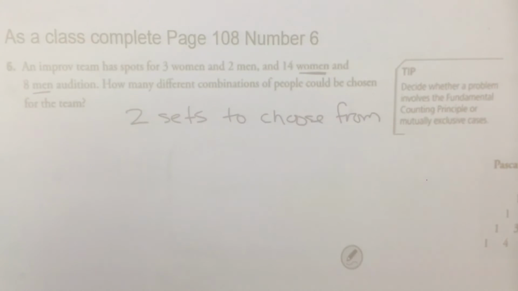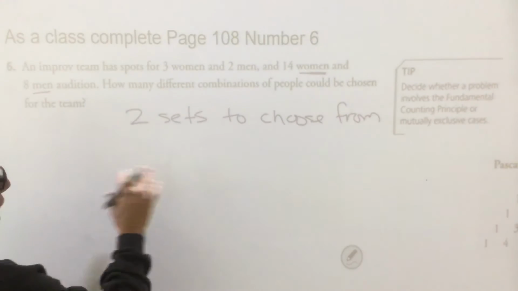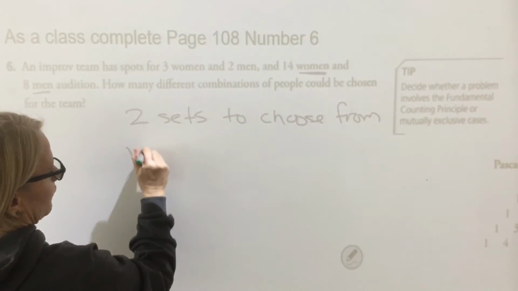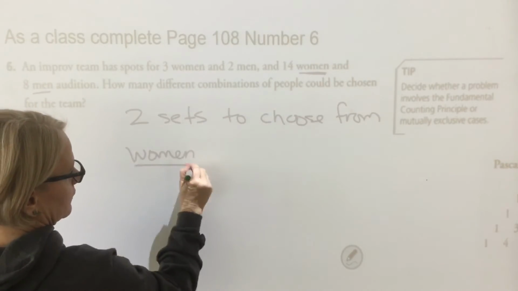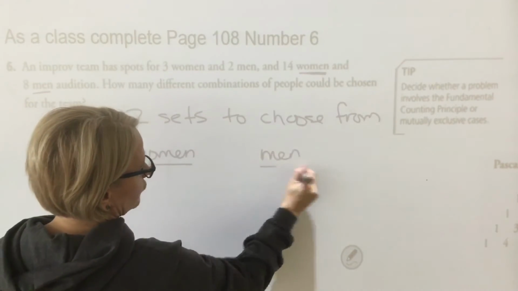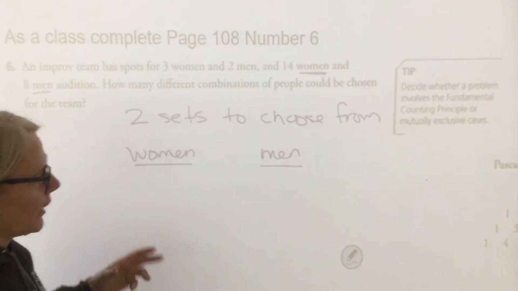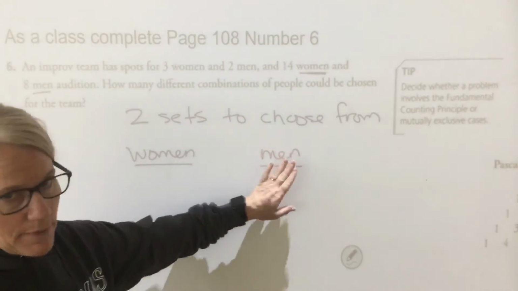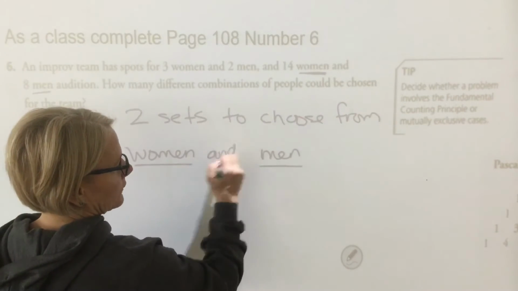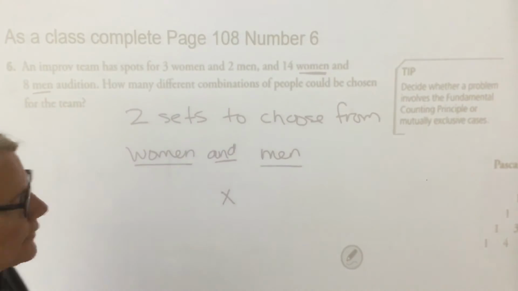That should make sense. So now whenever I think about what I'm going to do, I'm going to separate it. I'm first going to think about how many ways can I choose the women, and then how many ways can I choose the men. And then I'm going to word it so I think about, well, I'm choosing women and men. So if I put the and in there, I know I'm going to multiply them.